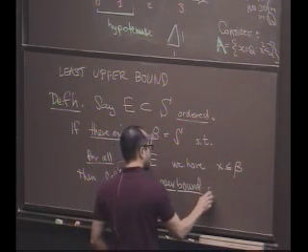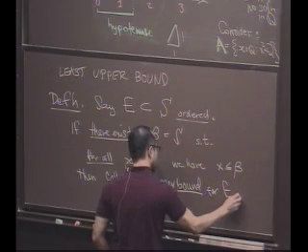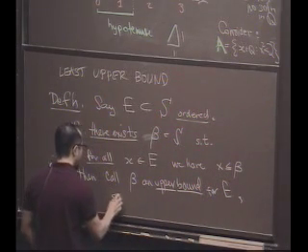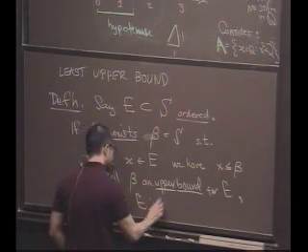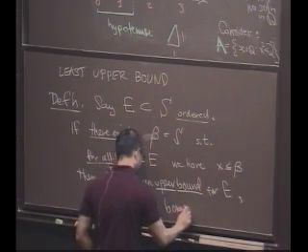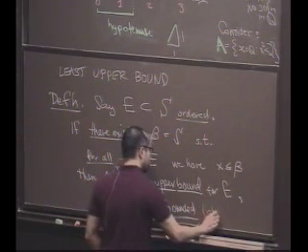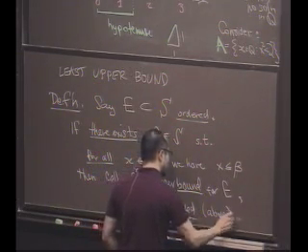Call it an upper bound for E. And we'll say E is bounded. If it's unclear what you mean by bounded, we'll say bounded above.